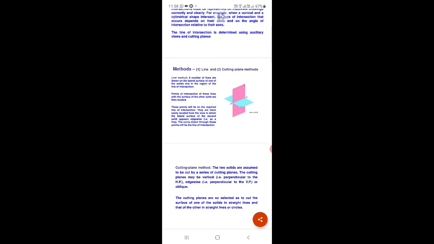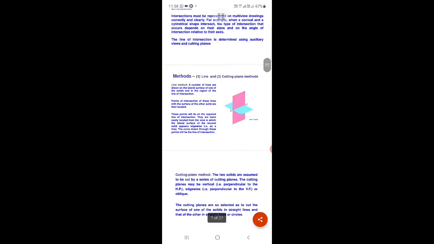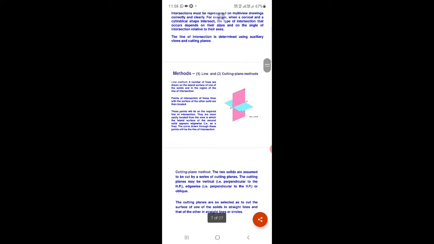In the line method, a number of lines are drawn from the lateral surface of one of the solids in the region of intersection of the solids. The points where these lines meet the surface of the other solid are then located. These points will be required for the line of intersection. They are more easily located from the view in which the lateral surface of the second solid appears edgewise. The curve drawn through the points will be the line of intersection.